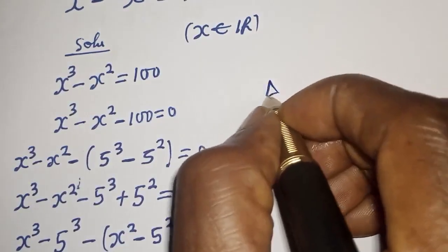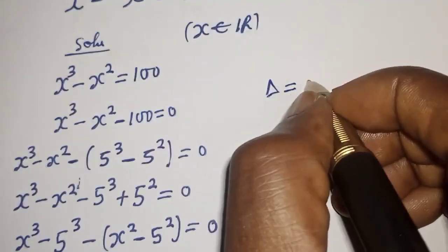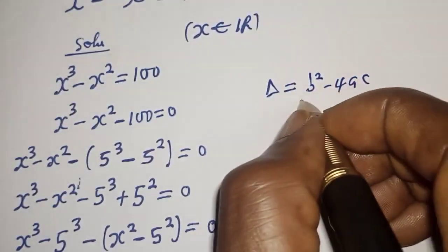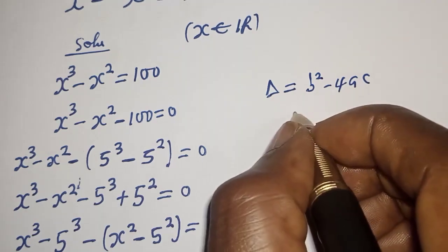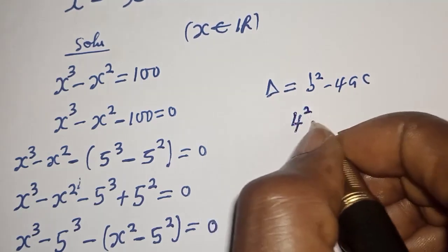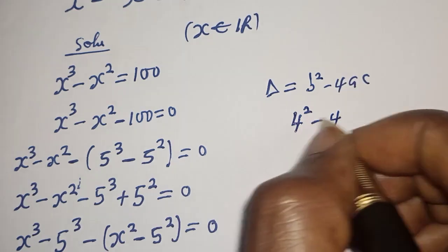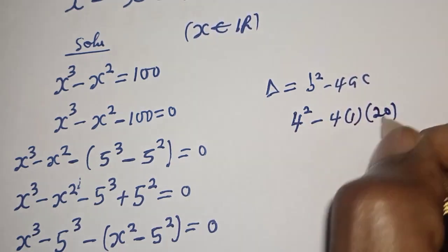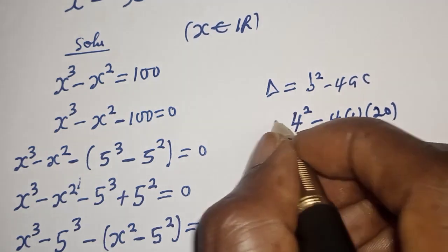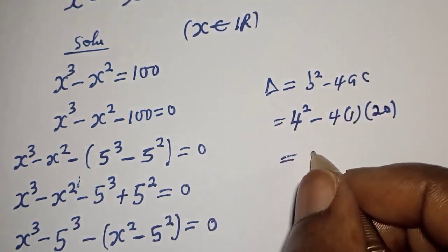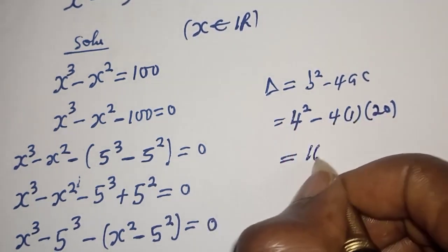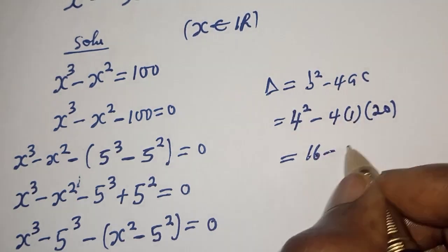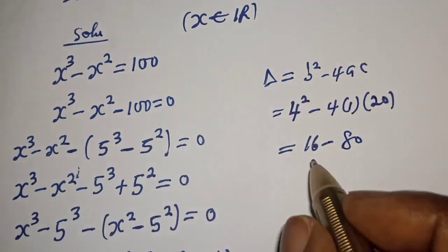Or discriminant D is equal to b squared minus 4ac. Then b is 4 squared minus 4 multiplied by a is 1, multiplied by c is 20. This is equal to 4 squared, 16, minus 4 times 1 times 20, that is 80.